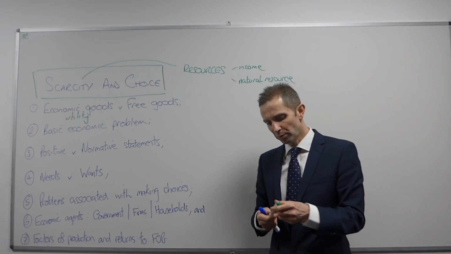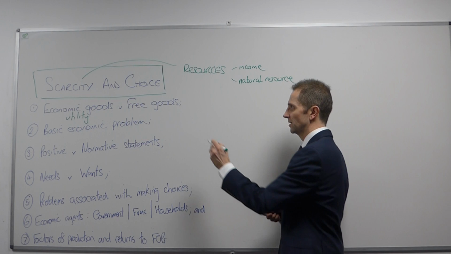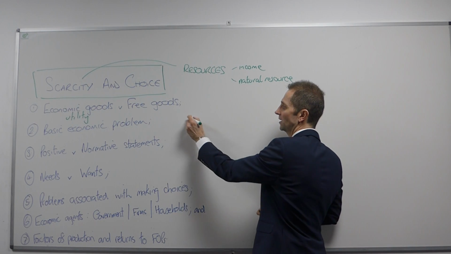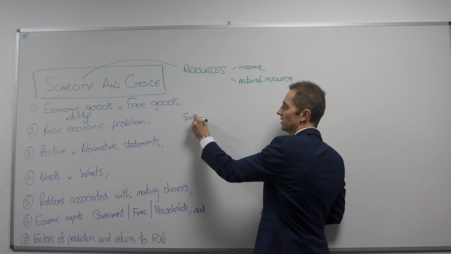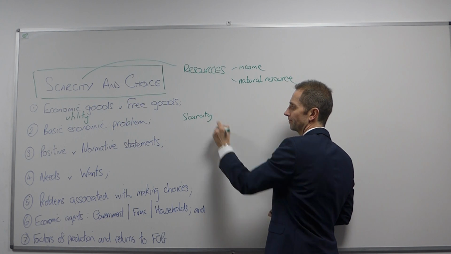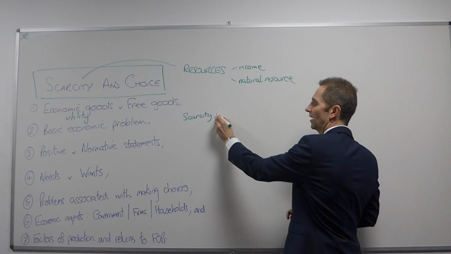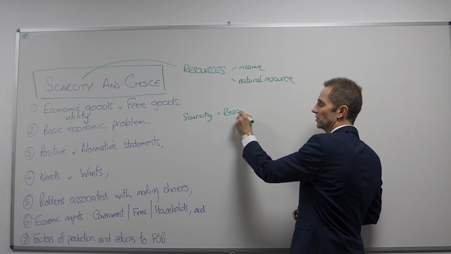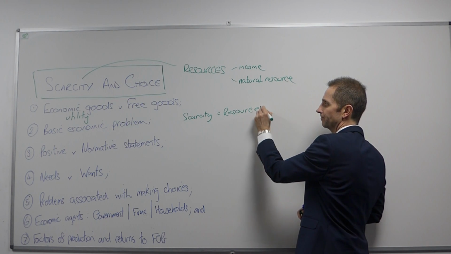Okay, the basic economic problem. Let's just talk about this a little bit more. So the basic economic problem is scarcity. And what is it that is scarce? Resources are scarce.